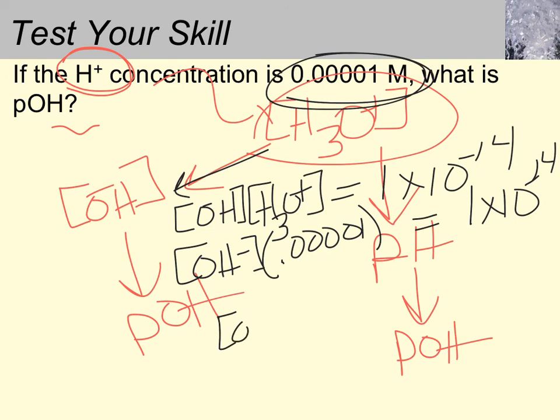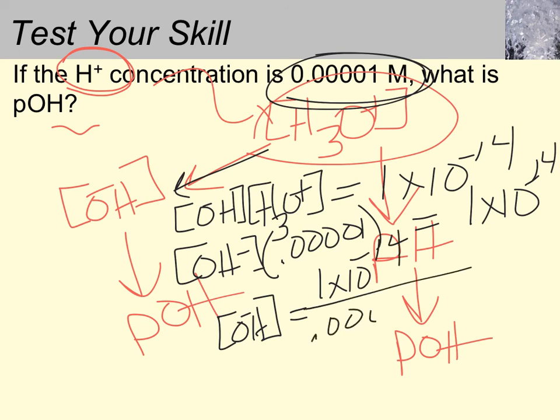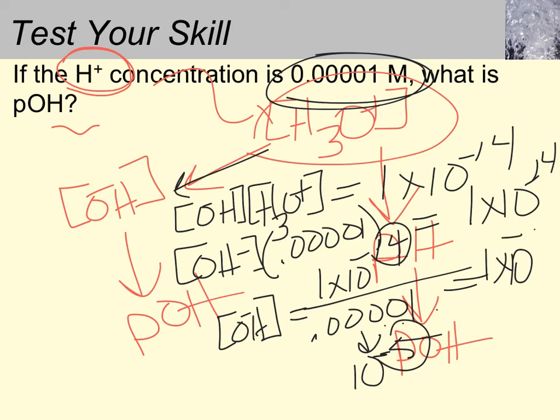So the concentration of hydroxide in this case would be 1 times 10 to the minus 14 divided by 0.00001, which is 1 times 10 to the minus 5. Let's see, 14 minus 5, so that's 1 times 10 to the minus 9 molar should be the concentration of hydroxide.